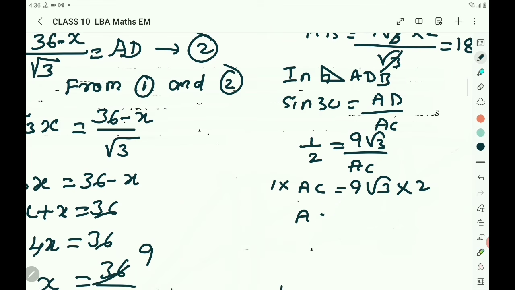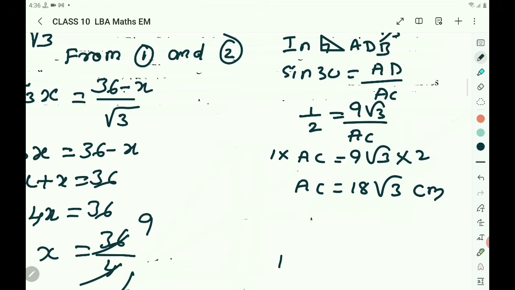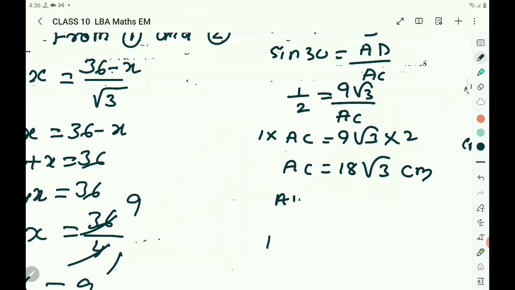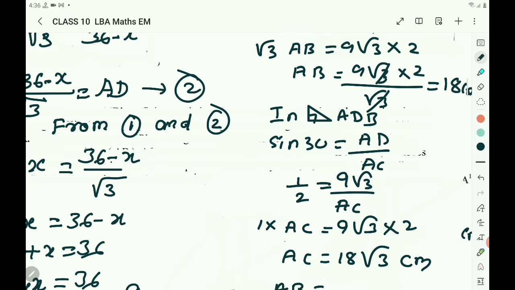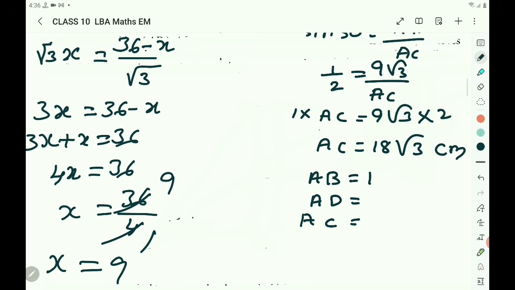Then AC equals 18 root 3 centimeter. Then write the value of AB, AD and AC. AB you got 18 centimeter and AD is 9 root 3 centimeter. AC is 18 root 3 centimeter.